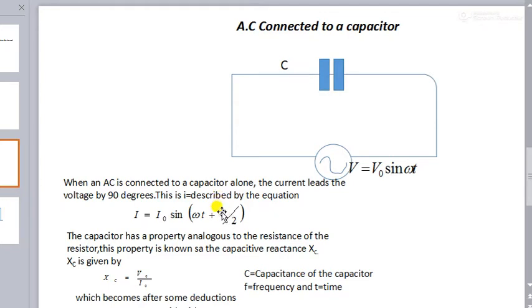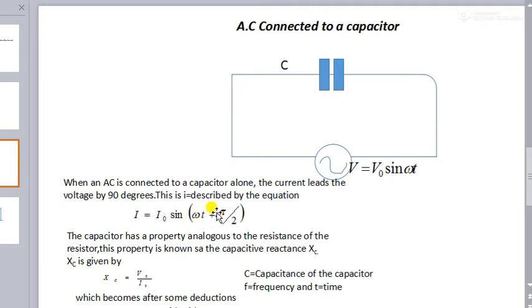Of course, we know that π is an angle measured in radians. So if we convert π/2 to degrees, that gives us 90 degrees. So there is an extra angle in the angle part of the current.